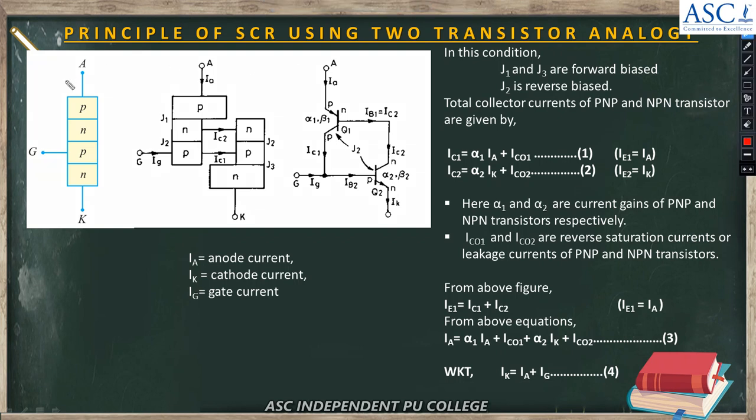So in this diagram, this is construction of SCR. Here it contains three junctions. This we call it as J1, this we call it as J3, and this we call it as J2.